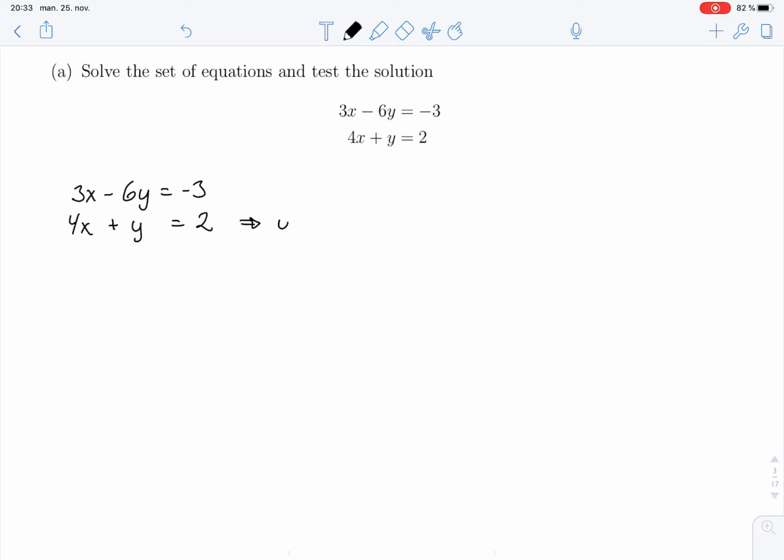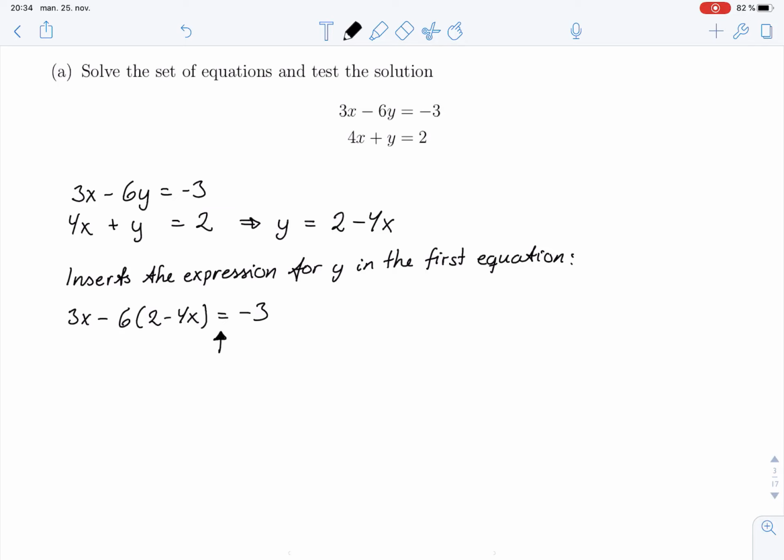By the way, when you do equations, make sure that the equality sign is used correctly. What's on the left hand side must equal what's on the right hand side. Okay, and this follows what we had before. Here we simply take minus 6 times 2 and then minus 6 times minus 4x. Since we have minus and minus, we get a plus here.